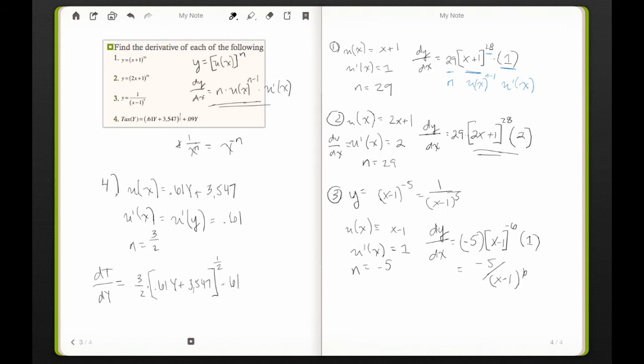Okay, so that's this derivative for this guy right here. Got to use the sum rule now. I got to add in my 0.09. There we go.